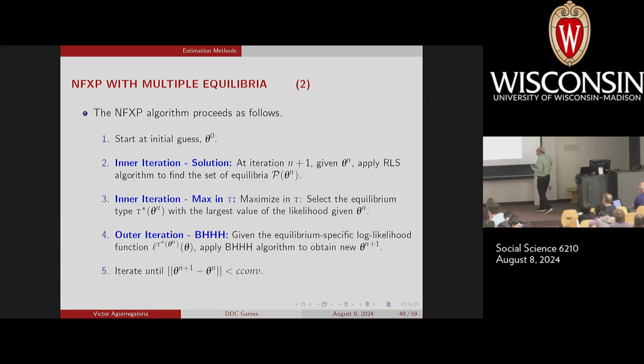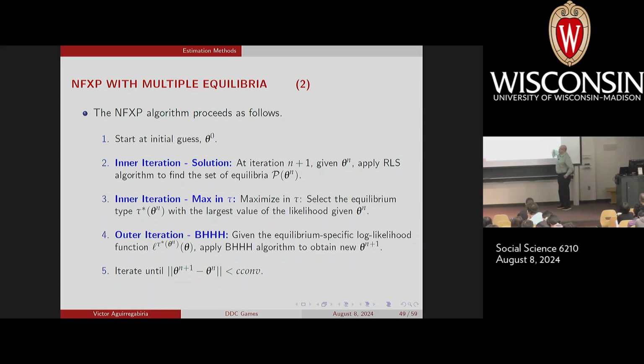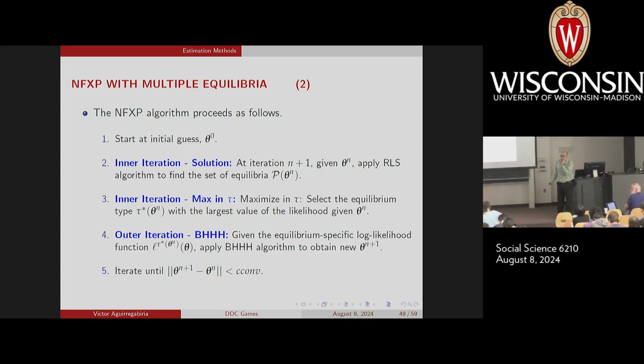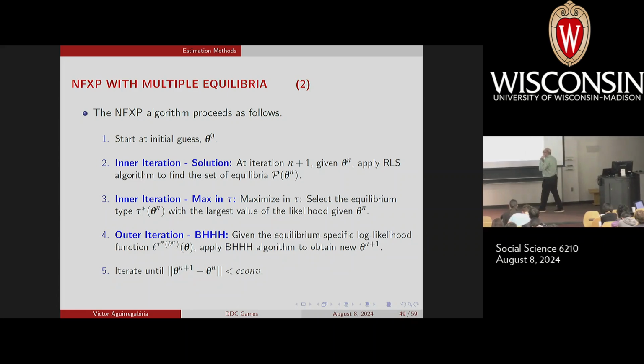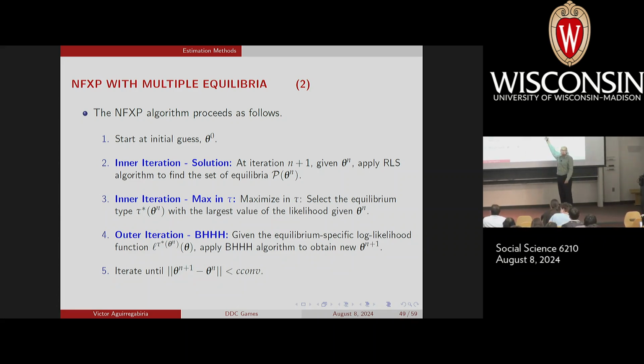Now, given that we have calligraphic P, taking theta n as given, we choose the likelihood. Notice that we have multiple likelihood functions, one for each tau, for each type of equilibria. We choose the value of tau that maximizes the likelihood function. Then given that value of tau, we apply BHHH.